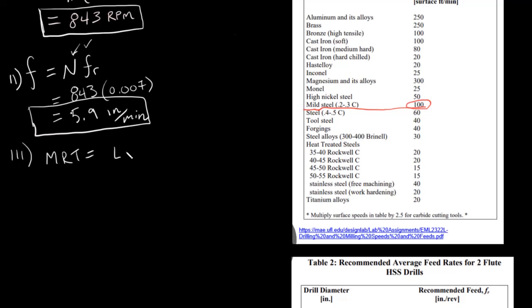So that's L plus A over F. Now for the center drill, we were just trying to put a little spot that this drill that we're calculating can follow. So this was just roughly put in at 0.1 inches. L plus A equals 0.1. But we actually need to figure out how far we're drilling.